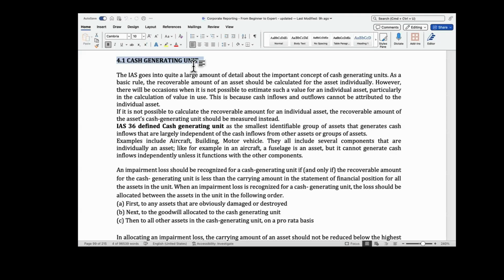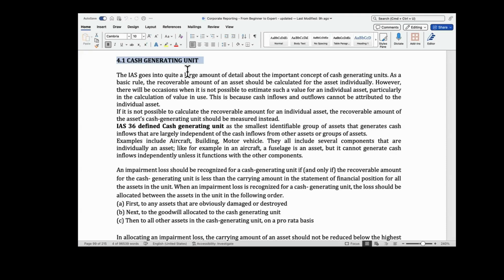By the time you are picking the elevator, air condition, furniture and fittings, laptop, generator individually, you might not be able to get how much they make individually. But by the time you are looking at everything together, instead of taking them separately, why don't you take the entire building or even the entire business? How much does this business generate? How much does it make? By the time you do that, then we will be able to get our recoverable amount of that group of assets.